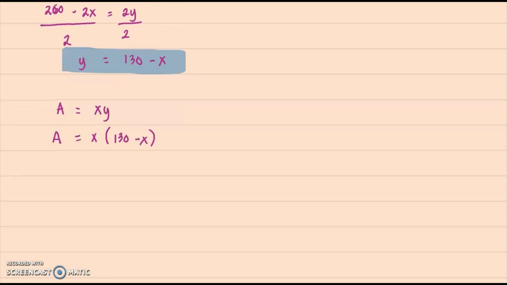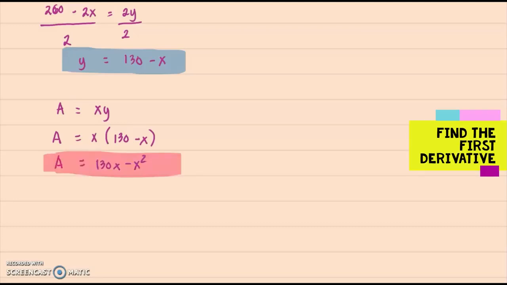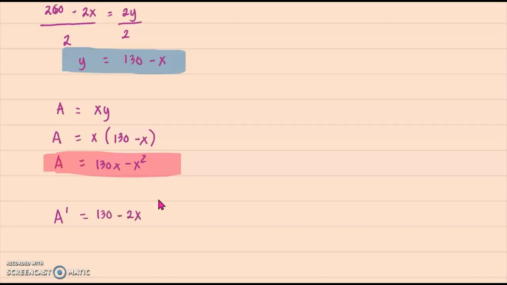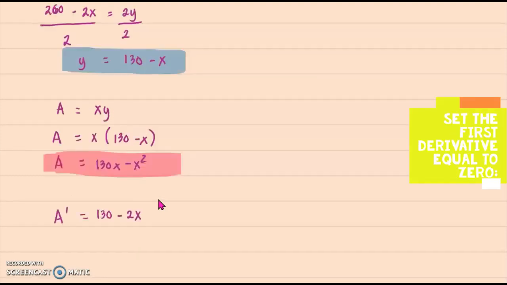You distribute, so you have area is equal to 130x minus x squared. Next, we have to find the first derivative of A equals 130x minus x squared. So we have here A prime is equal to 130 minus 2x.